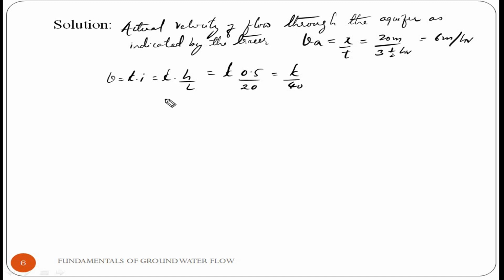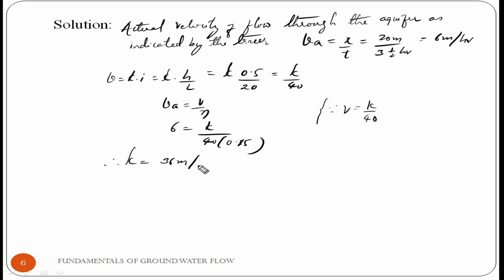Here we know that VA is equal to V by N. So 6 is equal to K divided by 40 into 0.15. As we know, V is equal to K divided by 40. Therefore K is equal to 36 meter per hour.